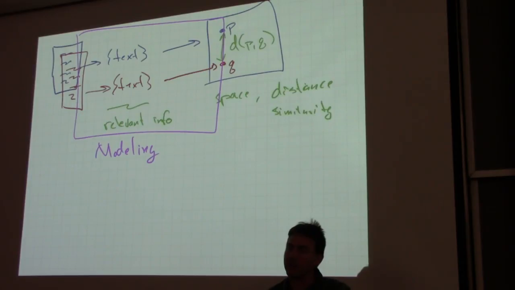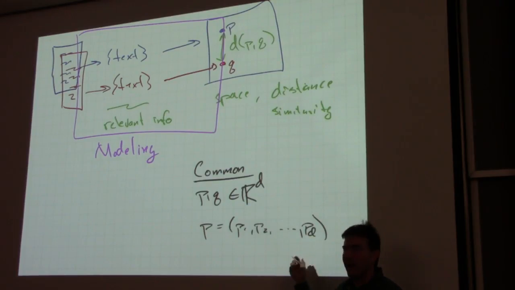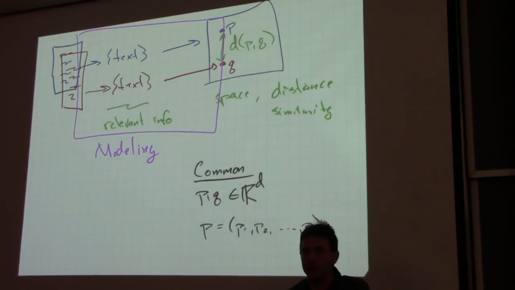What's even more common is that these are high-dimensional vectors. So the common setting is that P and Q are going to be these high-dimensional vectors. That means that P is going to be P1, P2, up to some PD, where I have D coordinates, and then I can do something like take the Euclidean distance between these points.